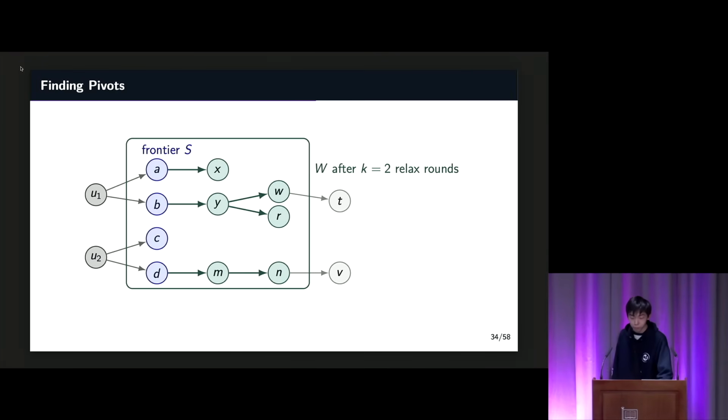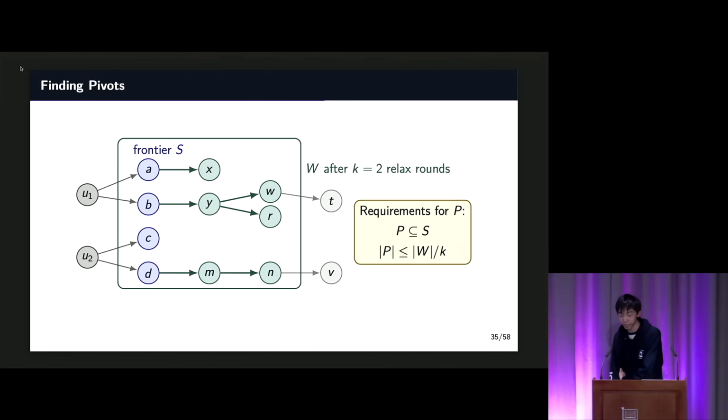Now, we can show that there is an algorithm for all k that runs in O of k times the size of W, that returns a subset of S as our pivots P, and the extra requirement is that the size of P is at most 1 over k times the size of W.